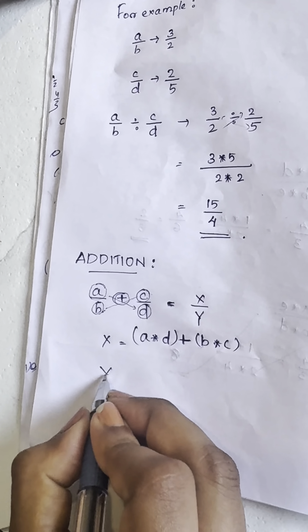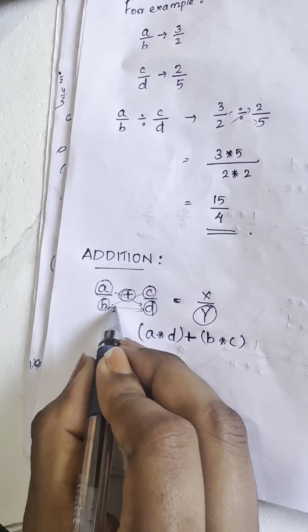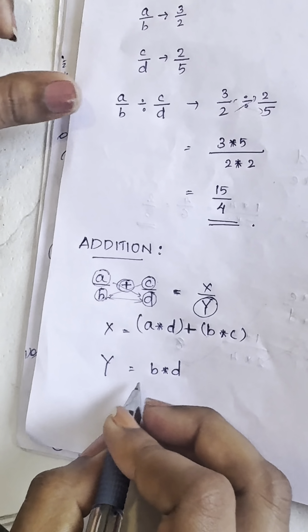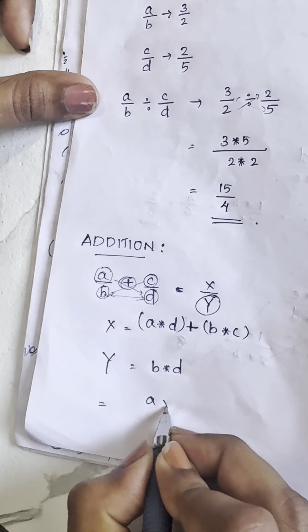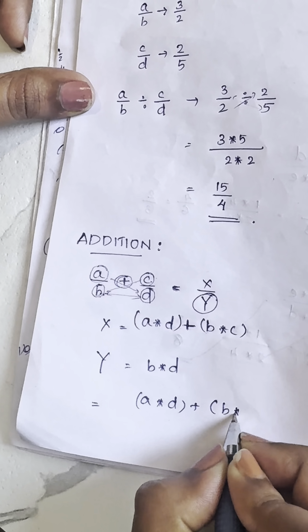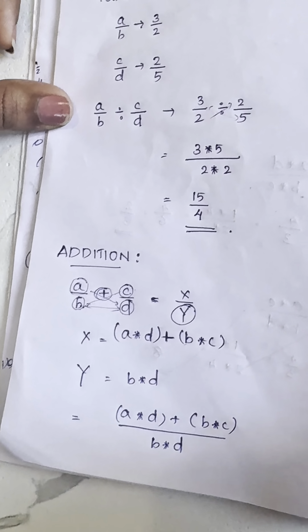This will be your numerator, and your resulting denominator y will be just the denominators multiplied by each other, that is b multiplied into d. So this will be your resulting fraction. So a multiplied by d plus b multiplied by c, over b multiplied by d, will be your resulting fraction.